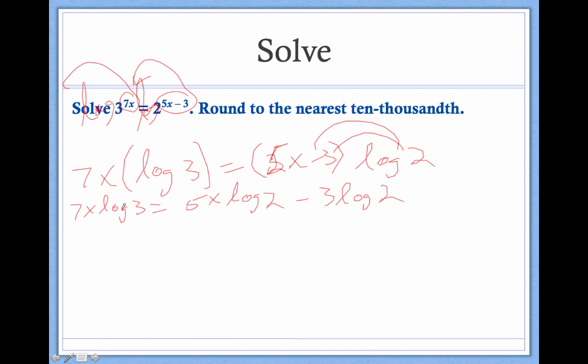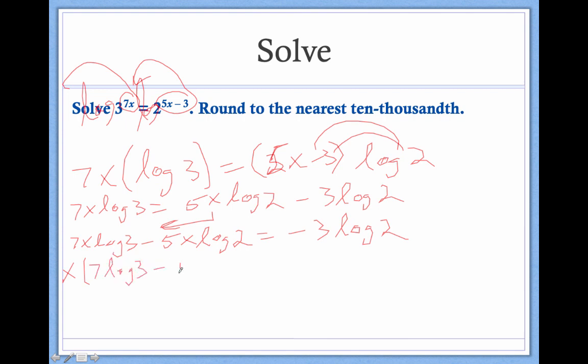We are solving for x and we have 2 of them. How do you go from 2 x's to 1 x? Get them on the same side, so I subtract 5x log 2 over, and over here I have negative 3 log 2. Now I take an x out, and when I take an x out, I'm left with this.